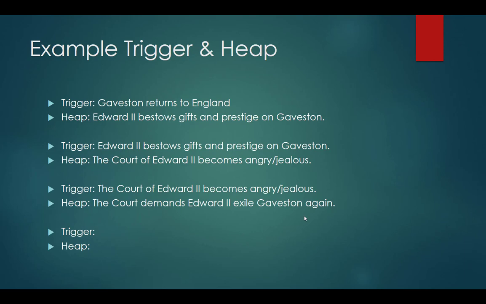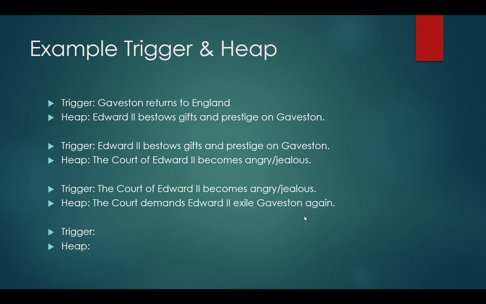They are not happy with this elevation that Gaveston is receiving for a variety of reasons. But that's a new heap caused by the former heap, which is now a trigger. And we can keep going and going and going throughout the entire play like this, right? And that's what close analysis is all about. That heap, Edward's court becoming jealous, becomes a new trigger for the next event.